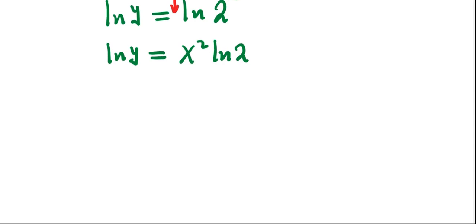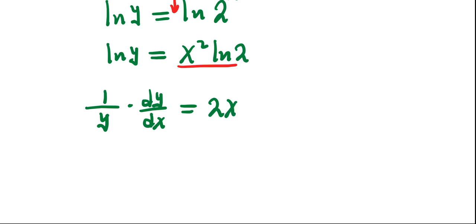So now we need to differentiate both sides with respect to x. So this will become 1 over y times dy/dx, and this is equal to, if we differentiate this, it is going to give us 2x ln 2.